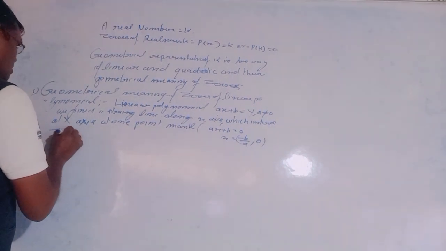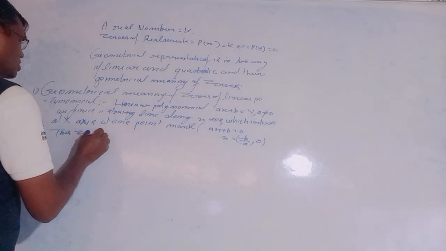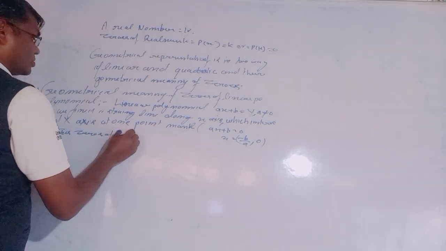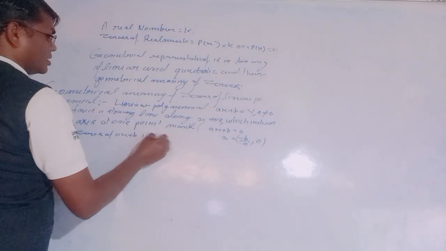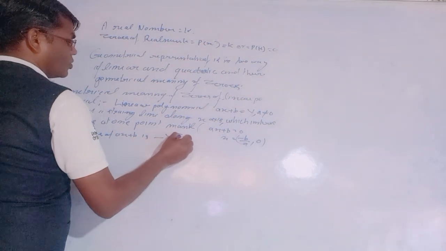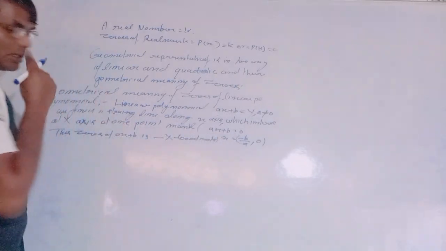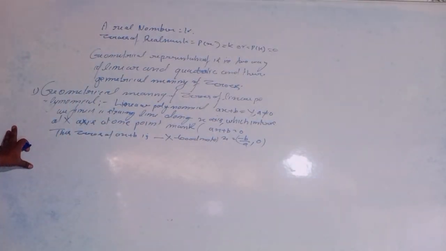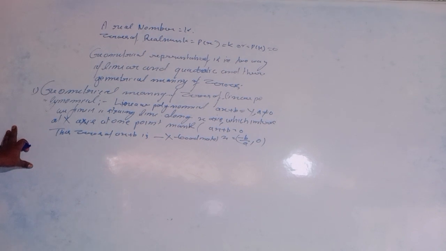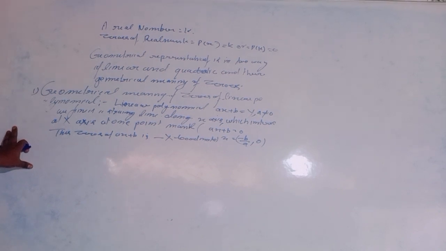Thus the zero of ax plus b is the x-coordinate of the point where the graph of ax plus b intersects the x-axis.